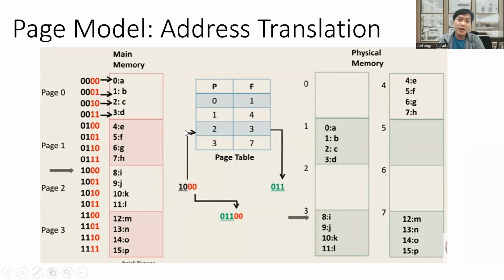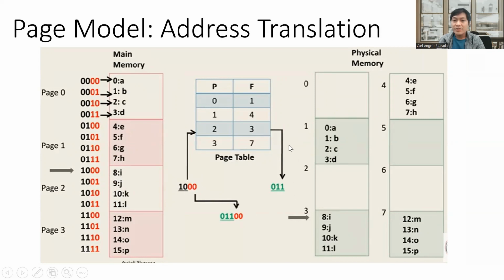So upon reaching the page table, it will find page 2 using the black bits. Then, as indicated in the page table, it is in frame 3, and your offset in this page is 00, so 8i has offset 00.